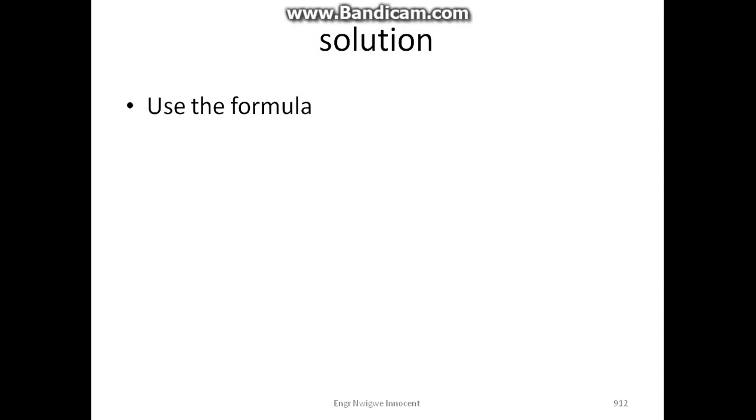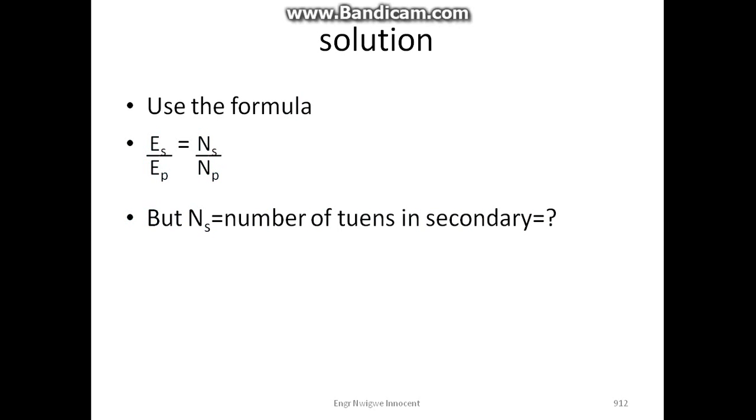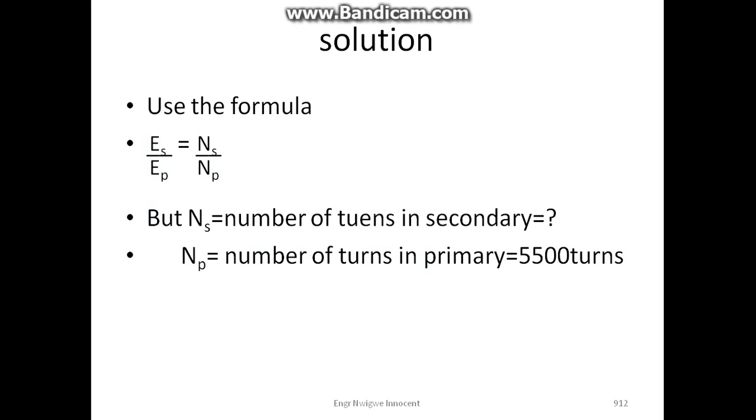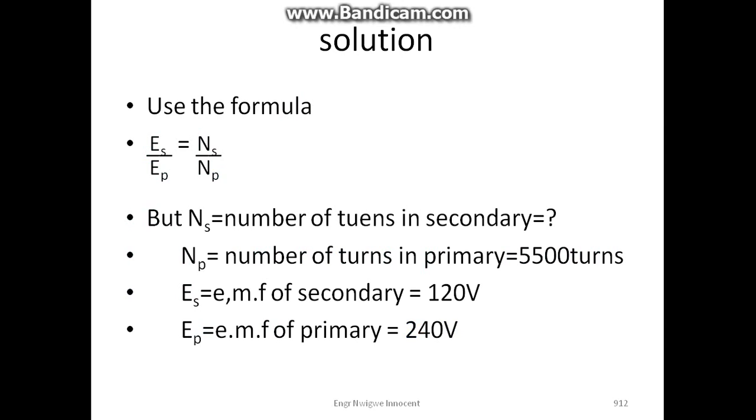Use the formula ES over EP equals NS over NP, but NS equals the number of turns in the secondary, which is unknown. NP is equal to number of turns in primary, which is 5,500 turns. ES equals EMF of secondary, which is 120 volts. EP equals EMF of the primary, which equals 240 volts.